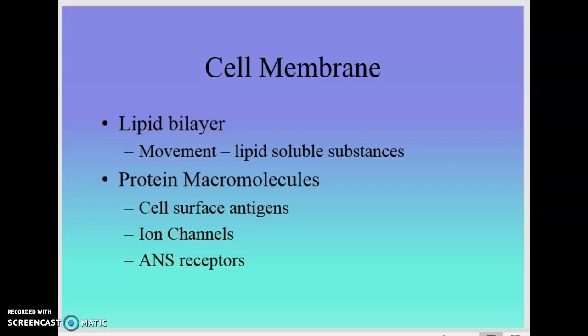that enables the movement of nonpolar substances and also lipid-soluble substances across cell membranes. Cell membranes are also unique in that they have protein macromolecules embedded in them.